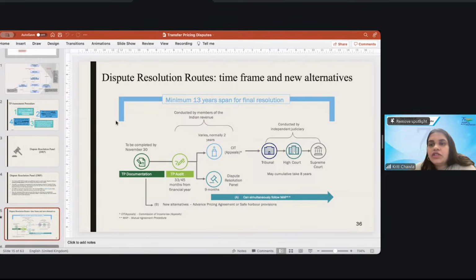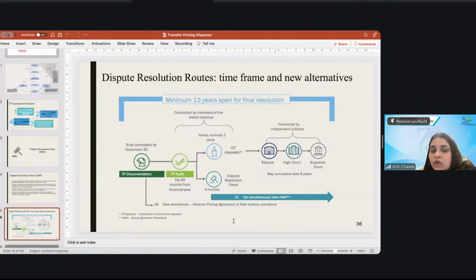Okay, so when TP documentation is filed, it goes under TP audit, and then there is the dispute resolution panel, and then there are CIT appeals. This is how the regular mechanism happens, and this is where the dispute resolution mechanism happens. This is where 9 months is provided for the directions, and CIT appeals varies with the amount of time it takes, and then to the tribunal, High Court, and the Supreme Court.